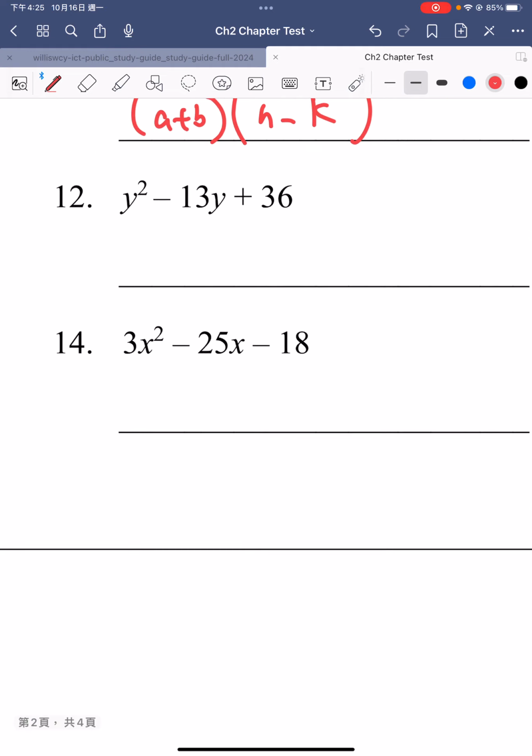So now moving to question 12, we have y squared minus 13y plus 36. If you still remember how to use the cross method, you can just take the y and y. For the 36, because the middle one has the negative sign, the positive 36 needs two negative numbers multiplied together. So we can try negative 4 and negative 9.